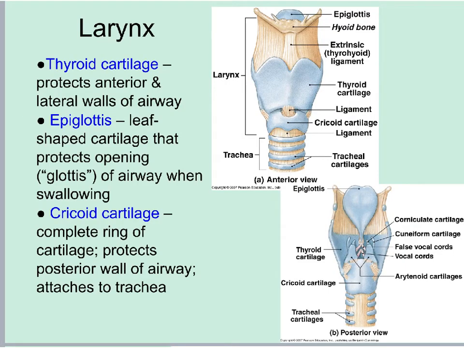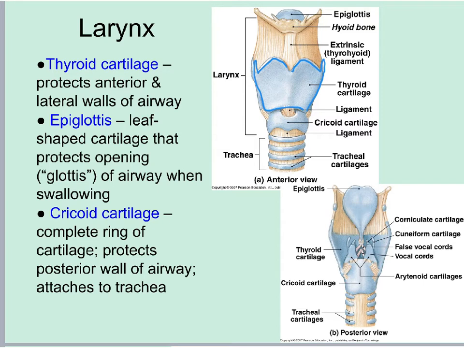Okay, functionally, let's have a look at those cartilages a little bit more closely. The thyroid cartilage, remember, is this big piece right here. And yes, it's giving structure to the larynx itself, or the tube itself, but it's also protecting the anterior and lateral walls of the airway.